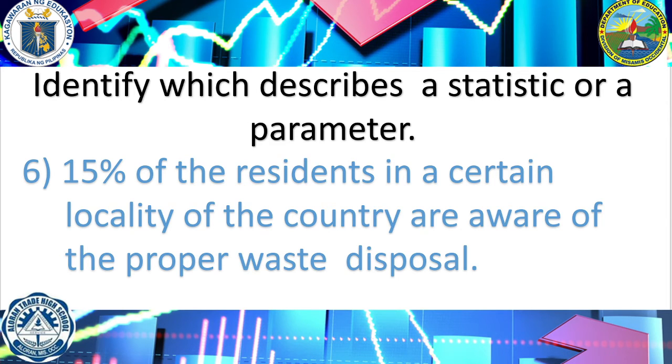So we talk about a certain locality of the entire country, and 15% of the residents there are aware of the proper waste disposal. Is that a statistic or a parameter? Very good. That is a statistic.